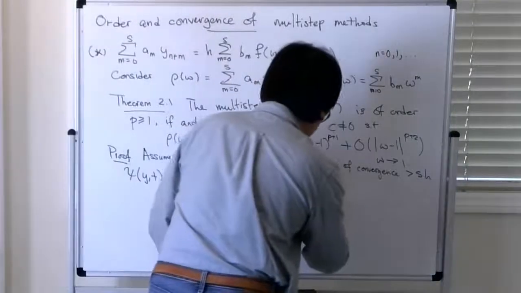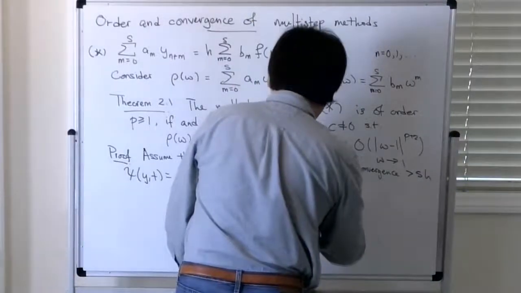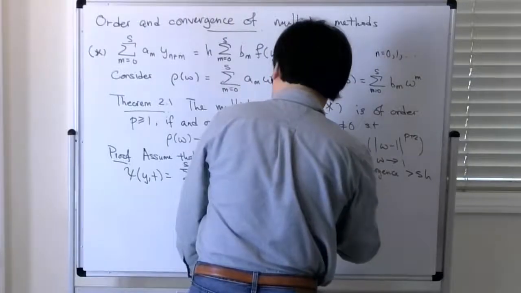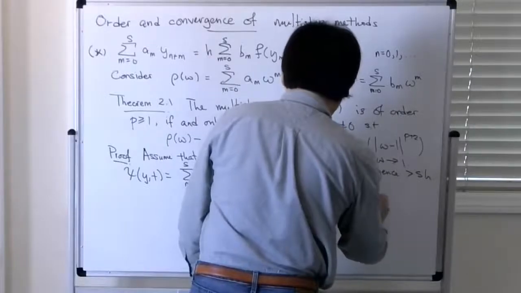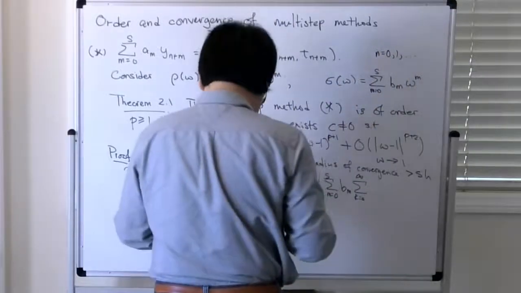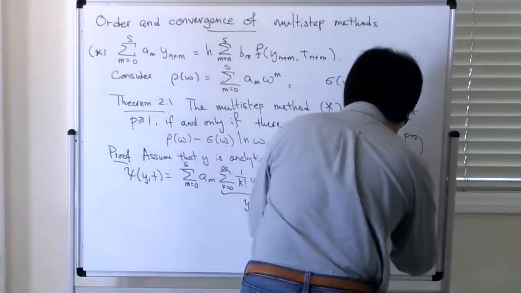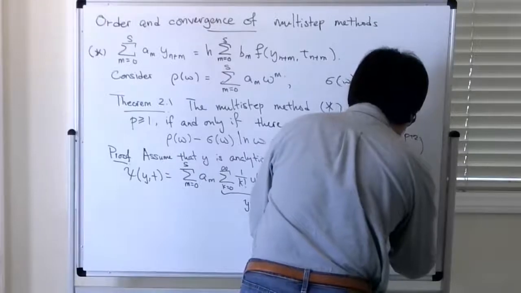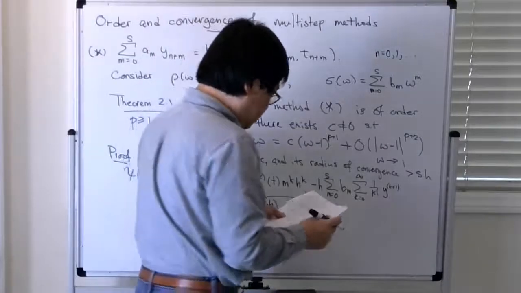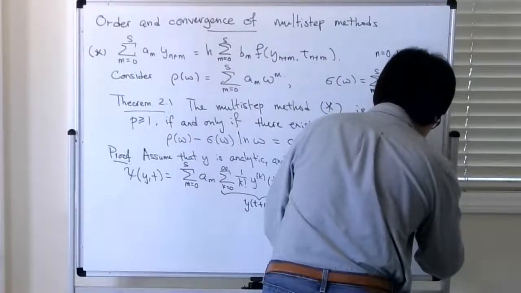Then I'll do the same thing for the b_m and the y prime terms. So minus h times the sum from m equals 0 to s of b_m, sum from k equals 0 to infinity of 1 over k factorial, the (k plus 1)th derivative of y, because I'm doing a Taylor expansion for y prime evaluated at t plus mh, and then m to the k, h to the k.